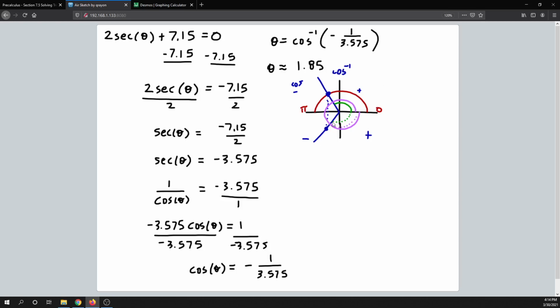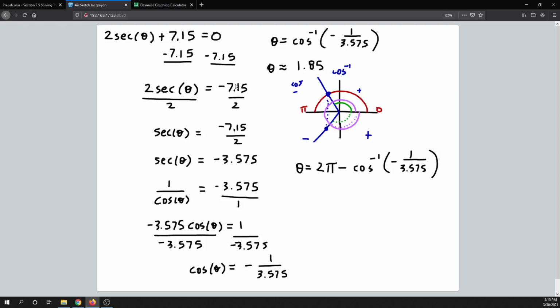So our other answer, when you're using inverse cosine, is going to be 2 pi minus the inverse cosine of negative 1 over 3.575. Wherever your angle is that the calculator gives you, you subtract that from 2 pi to get the other answer, if you're trying to find the answer from 0 to 2 pi.